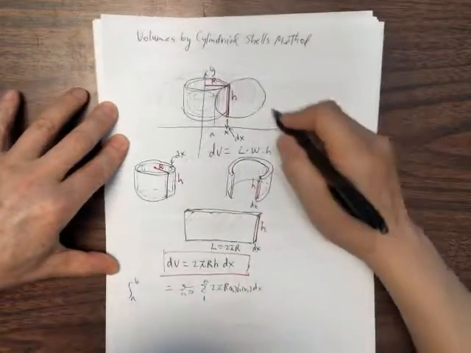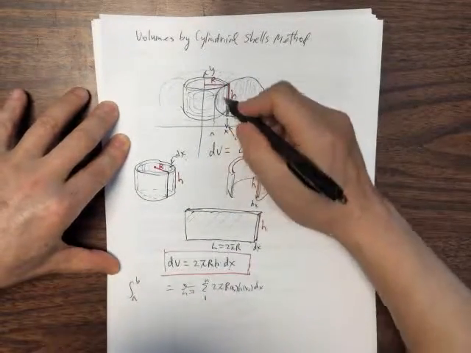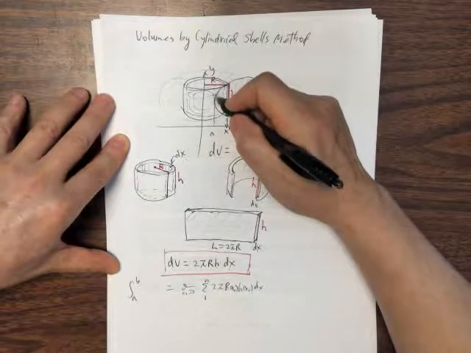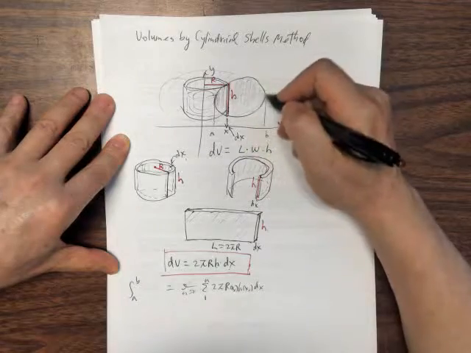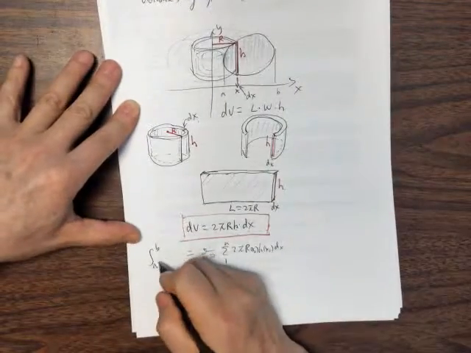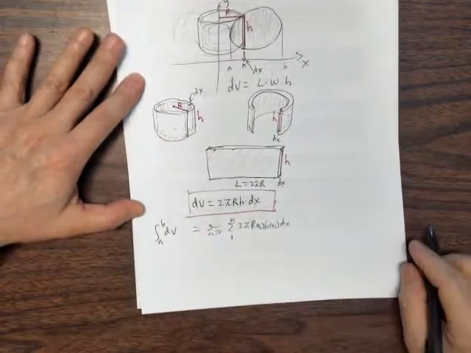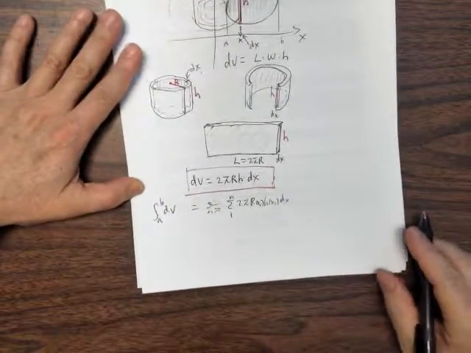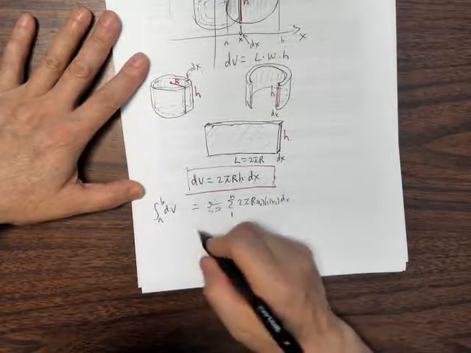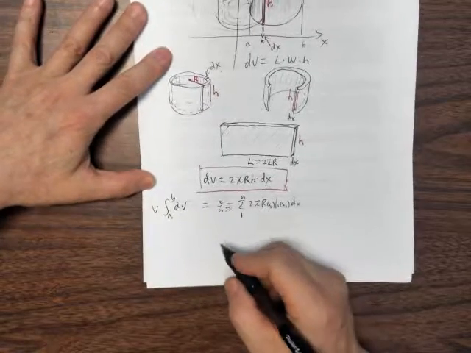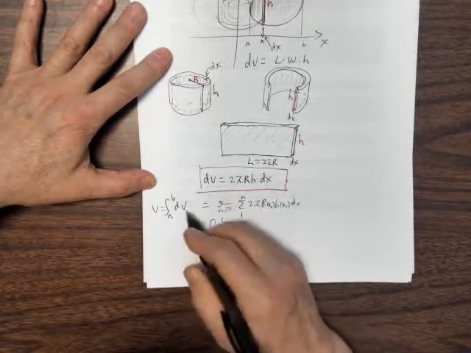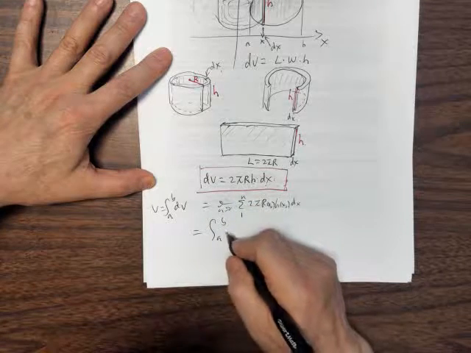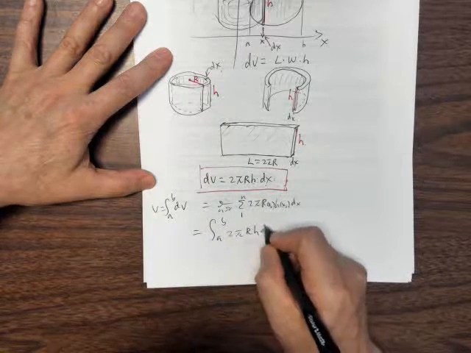Say this spot is a, this spot is b. Our strip would start from the left end at a, move across the region, and stop at b. That's why it's the integral from a to b of dV, and this is our dV, so 2 pi r h dx.